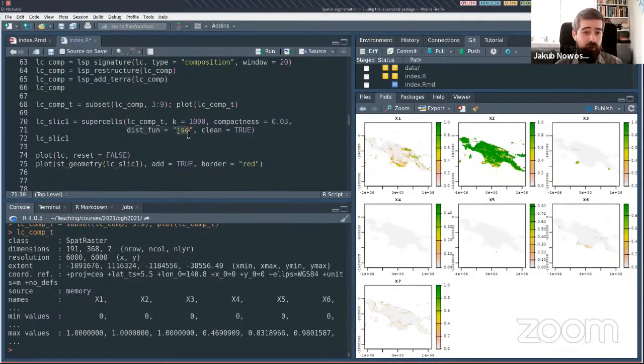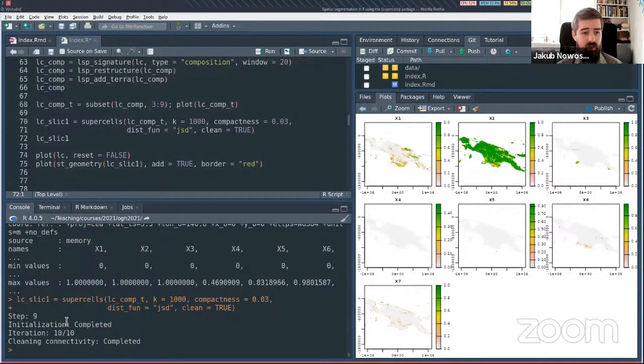What's important is that this distance is only used for the distance between values, but we are still keeping the Euclidean distance as a spatial distance. Therefore, the compactness value should be adjusted, since we have changed the distance function.